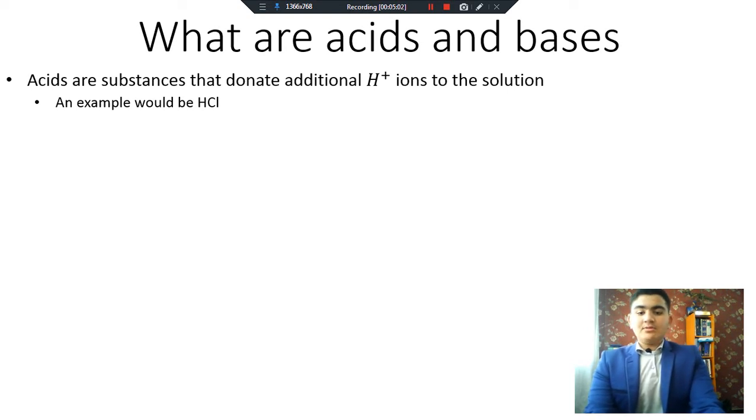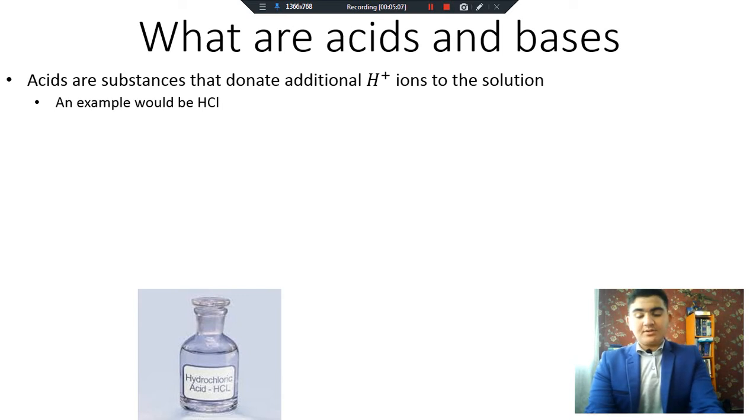Take for example hydrogen chloride, or HCl, as shown in this picture, which is a very powerful acid. When it is added to water it dissociates into H plus ions and Cl minus ions.